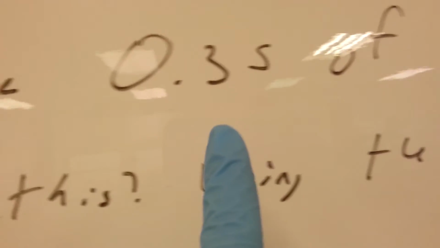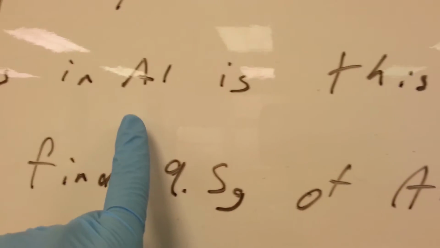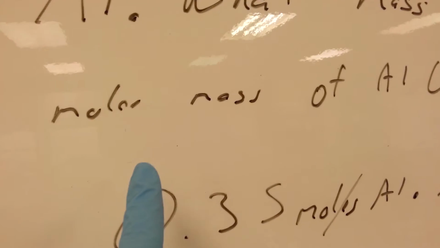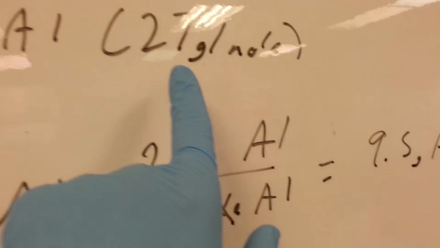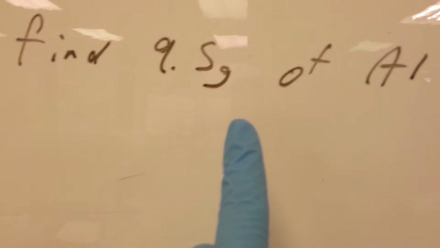Suppose you use 0.35 moles of aluminum. What mass in grams of aluminum is this? Using the molar mass of aluminum, which if you look up on your periodic chart is 27 grams per mole, you find that 9.75 grams of aluminum is required.